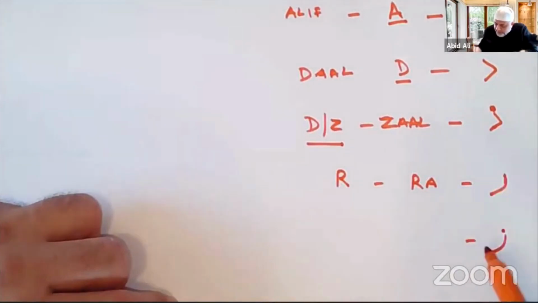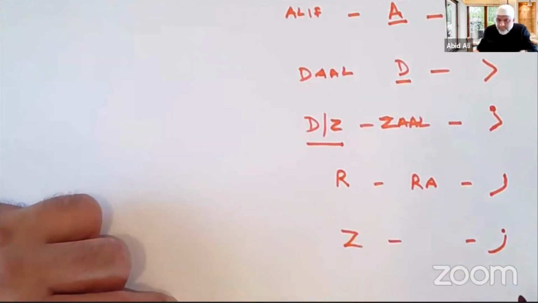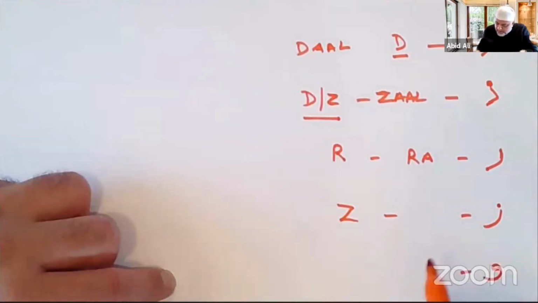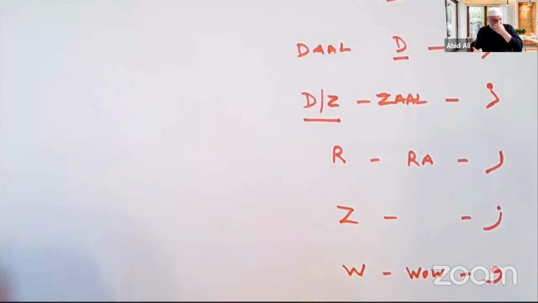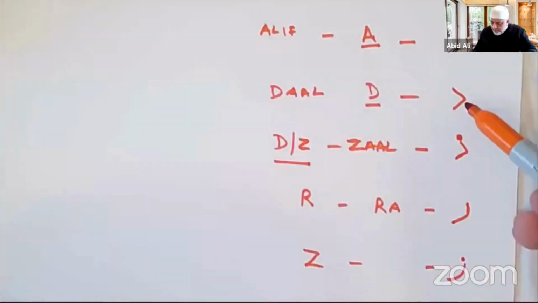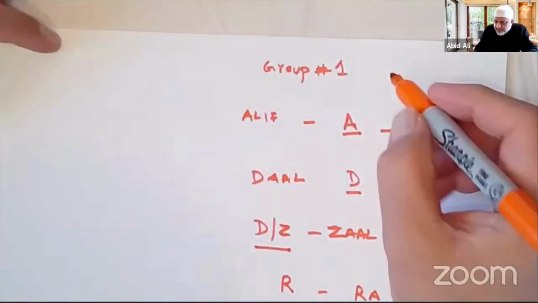This is Zal, but this is Zai, and the letter in English is Z. Then we also have wow, and the letter in English is W. Everybody clear on that? So how many letters? 1, 2, 3, 4, 5, 6. So this group has 6 letters.